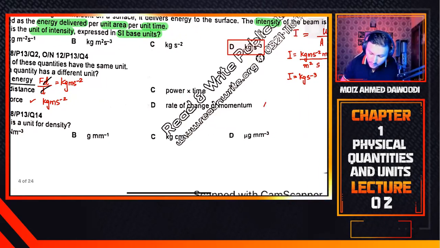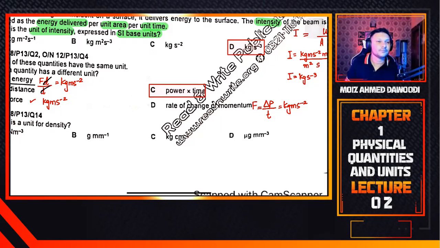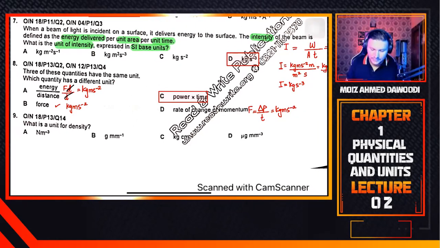So when you talk about the change in momentum with respect to time, it's also force, which is kg m s minus 2 as well. Three of the quantities are similar, and the answer should be the different one. Okay. This is how you did question 8.